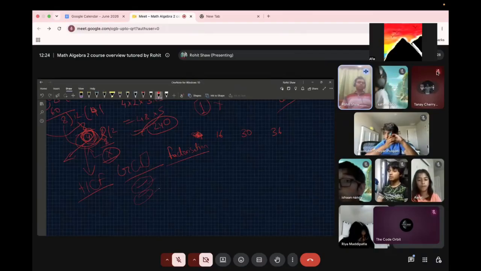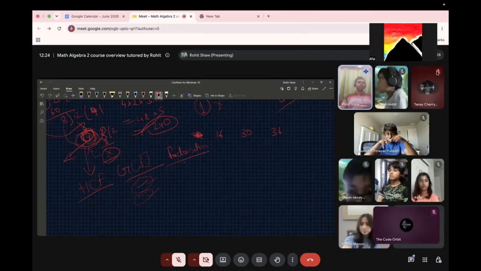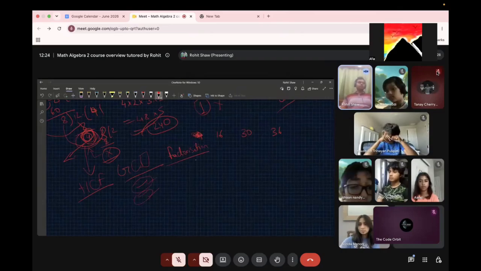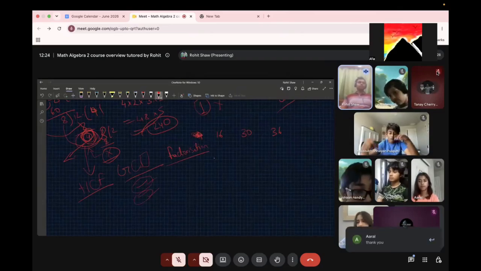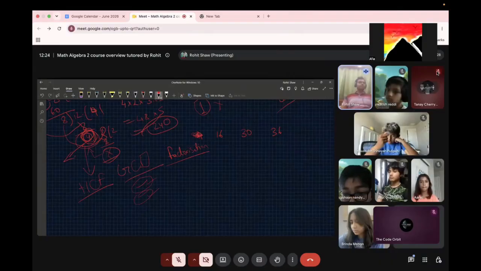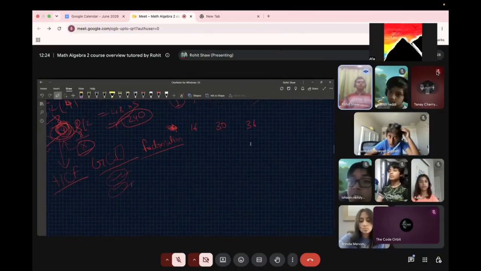HCF and LCM you can include for decimal numbers, where you separately find the LCM of numerator and denominator. But decimal numbers don't count as composite numbers. Composite numbers and natural numbers are all concerned with integers. Only positive integers; negative numbers also don't count for prime numbers. We are only concerned with positive numbers.